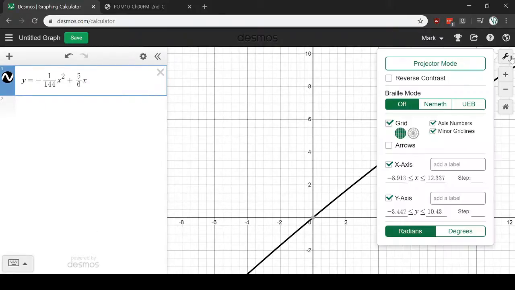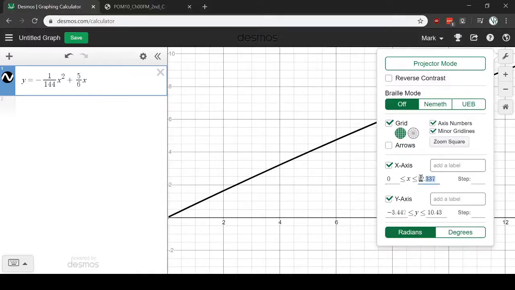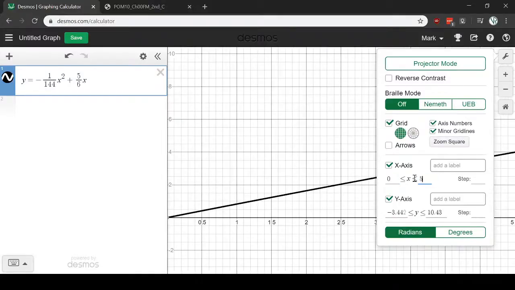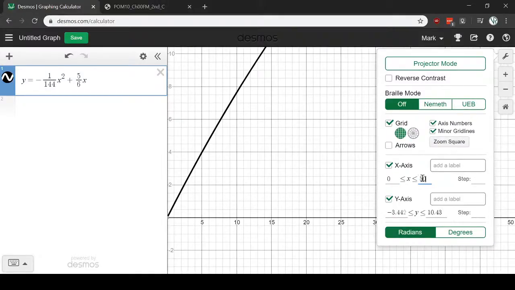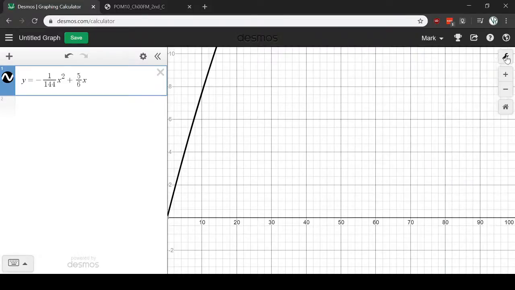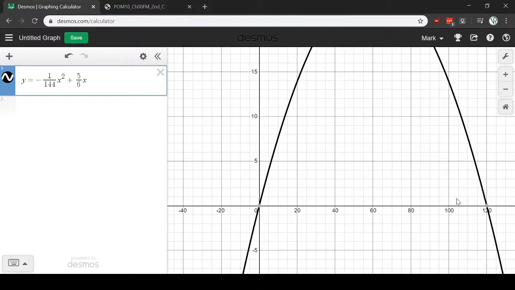I'm actually going to set my view here. So I'm going to start at 0 on the x-axis and test out. 50 doesn't seem to be big enough. There we go, 120, 0 to 120.